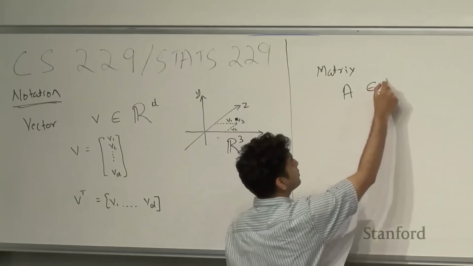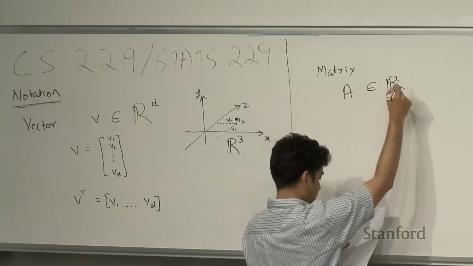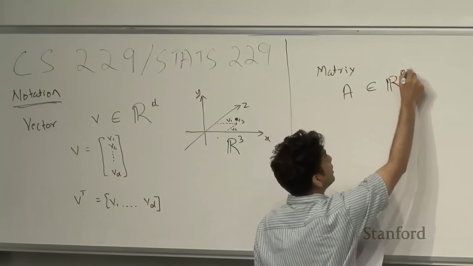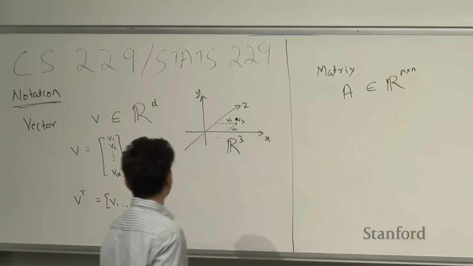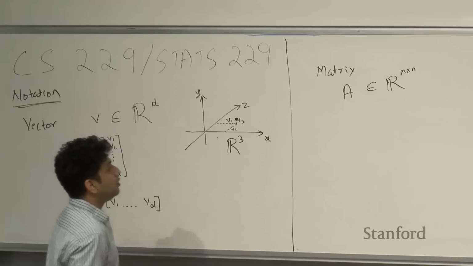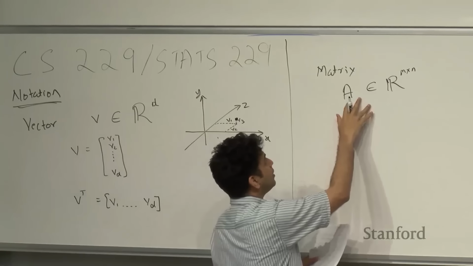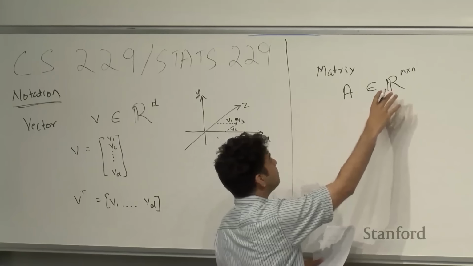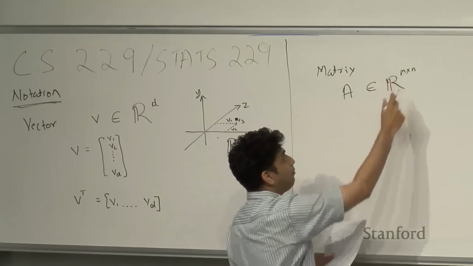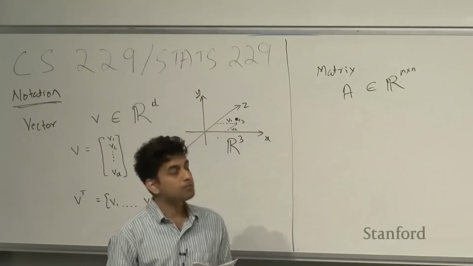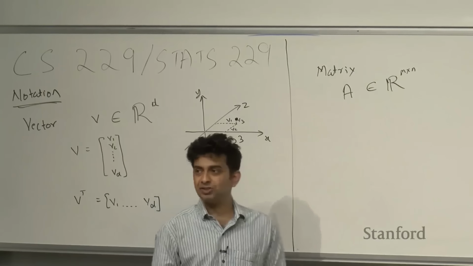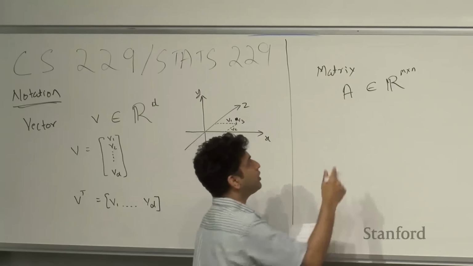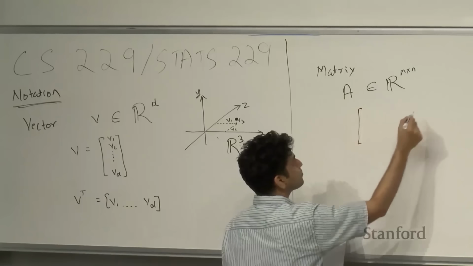And we say A is a member of R m by n. You can interpret a matrix A as an element living in an m by n dimensional real space. What does that actually mean?